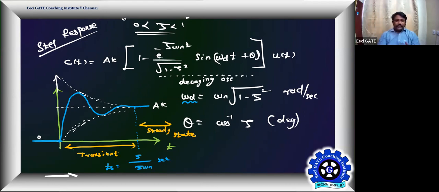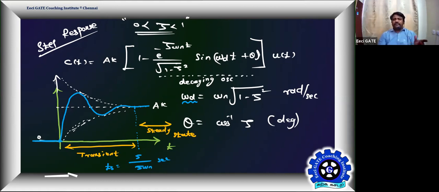We are going to conclude the time domain response analysis of our second order underdamped system. First we excited it by a unit impulse input. Now we are exciting it by a step input, not unit step. If it is unit step, A will be equal to 1. Keep the K in action because the system is going to settle at A into K. But many control system textbooks, even international authors, take K equal to 1 and A equal to 1.